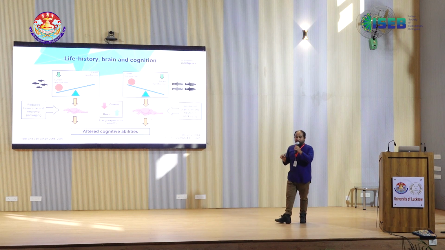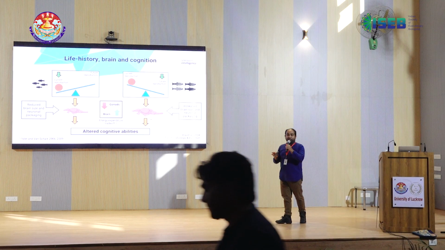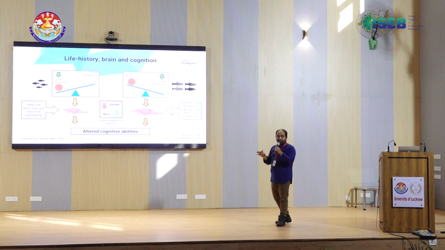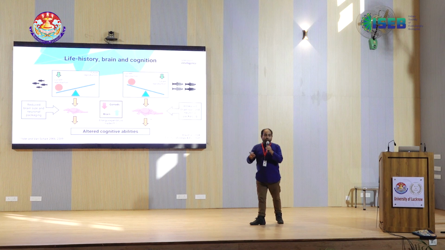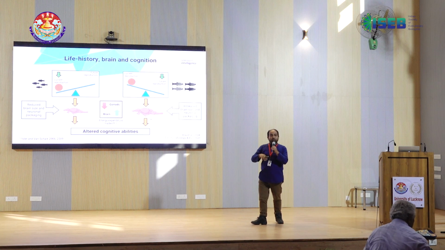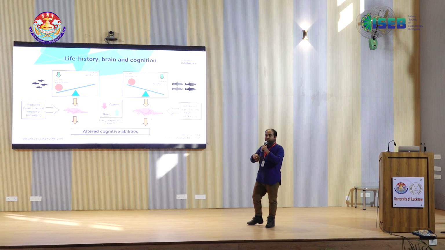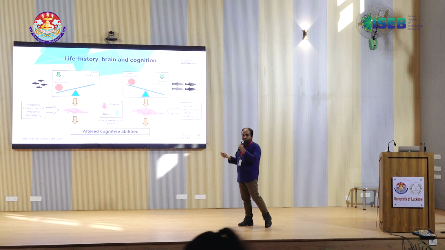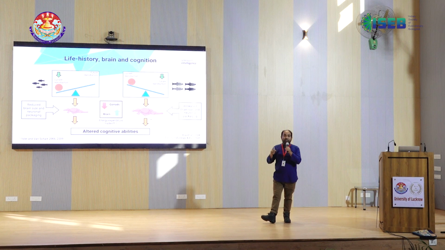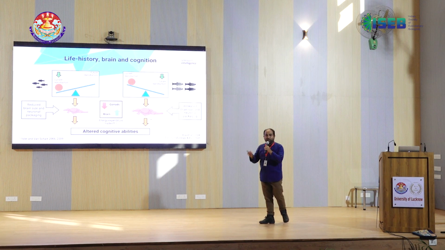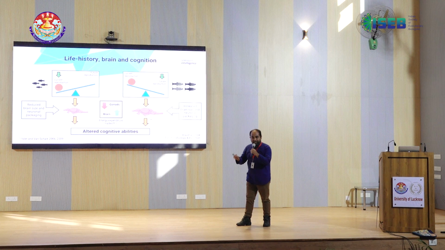Now, assuming that the amount of energy that is available within an organism's body is constant, if there is more investment in one kind of expensive tissue, structure, or bodily process, this could be traded off with reduced energy investment into another kind of expensive tissue or process. Now, reproduction is energetically expensive, which means that development and maintenance of reproductive structures and processes is energetically expensive.